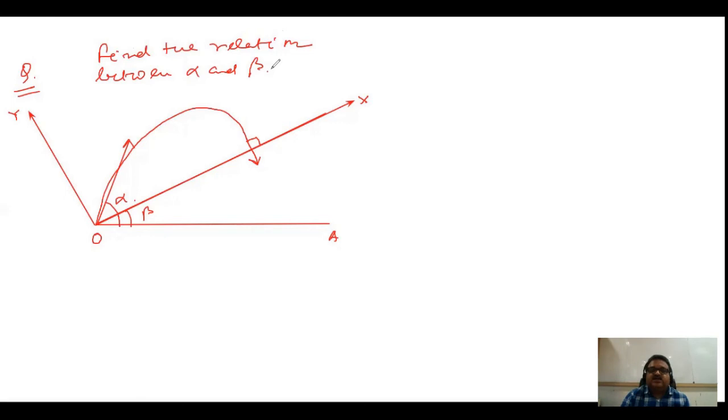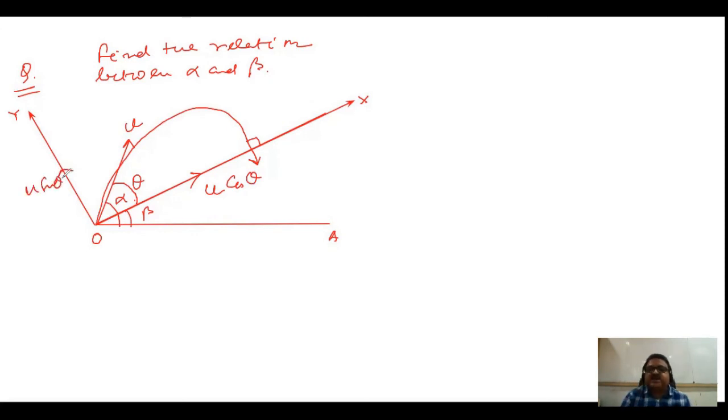So what to do? Nothing new, nothing special. Take u as the speed with which it is projected. It is u cos what? You have to consider this again. For my calculation sake, to make the calculation easier, I am taking this as theta. It is u cos theta, this is u sin theta.